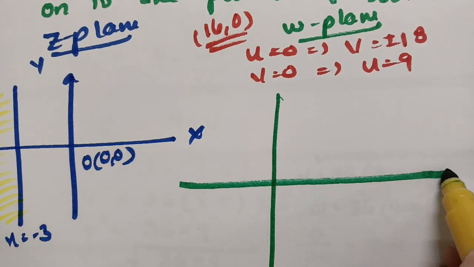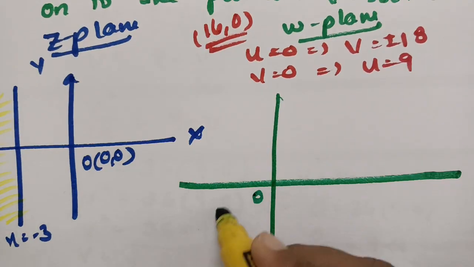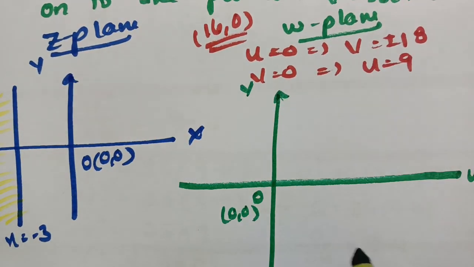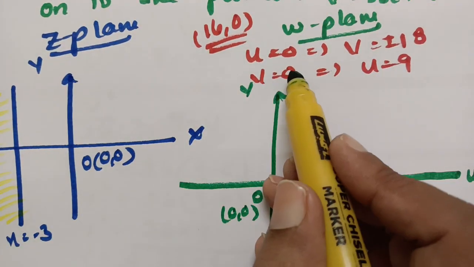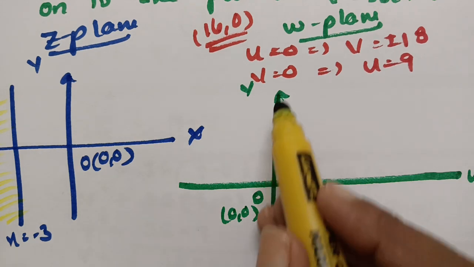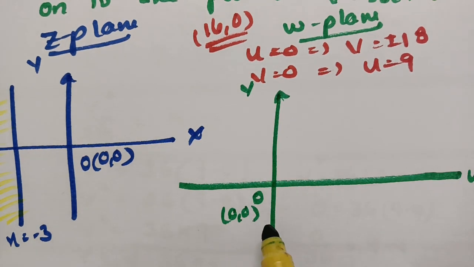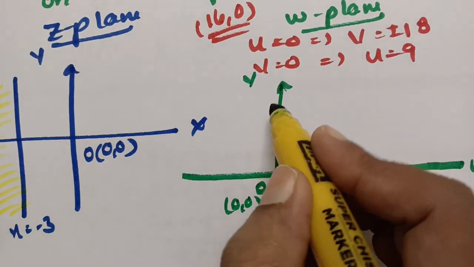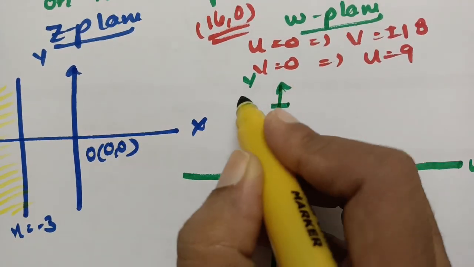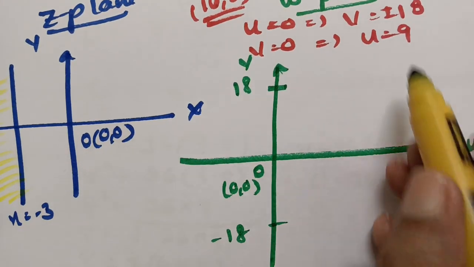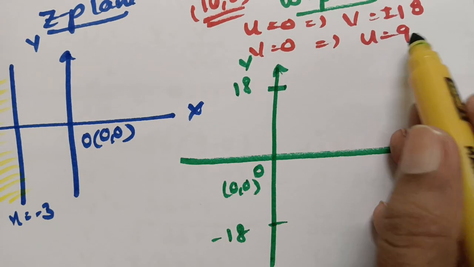If you observe this, this is 0 0, this is the u axis and this is the v axis. So v is equal to 0 is nothing but the u axis, and on the v axis u will be 0, and the next one is v equal to plus or minus 18. So if you consider this value as plus 18 and this value as minus 18, and u value is equal to 9.